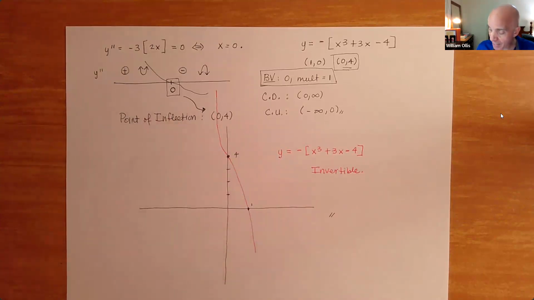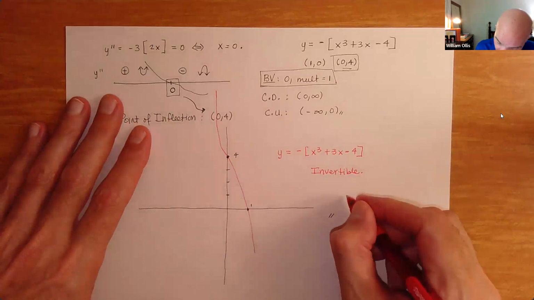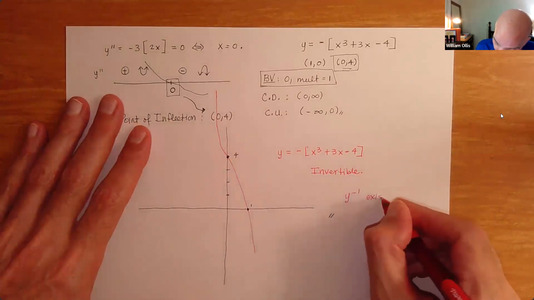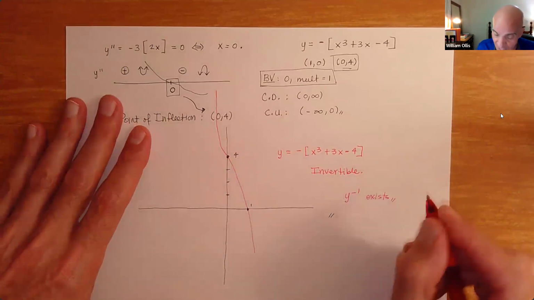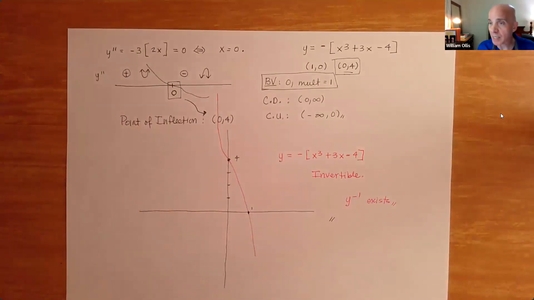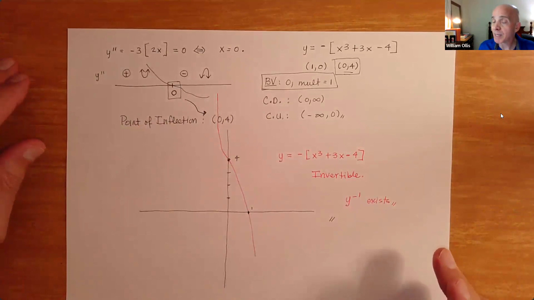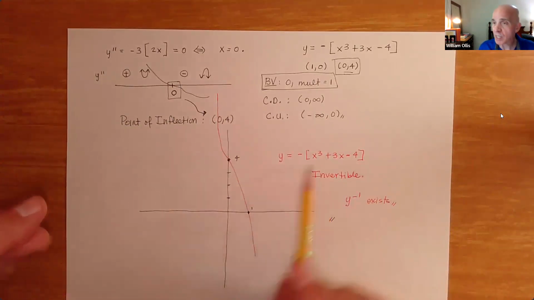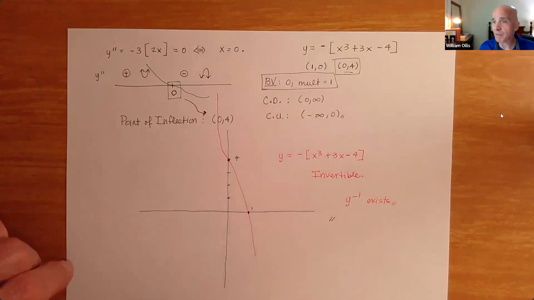And so again, remind yourself, y inverse exists. And so again, you could use the techniques of reflection in the line y equal x. But again, what we're going to find, as we did with implicit differentiation, is that we can compute values of the inverse function using the original function, and that's going to be very interesting.